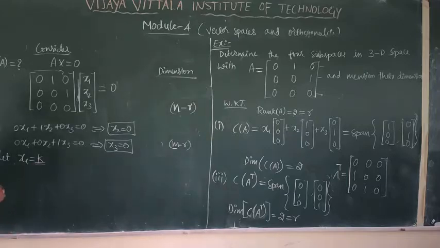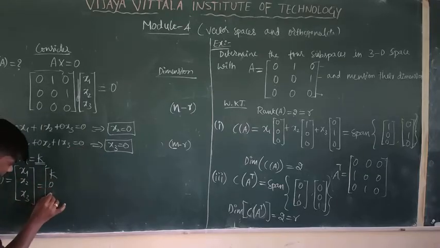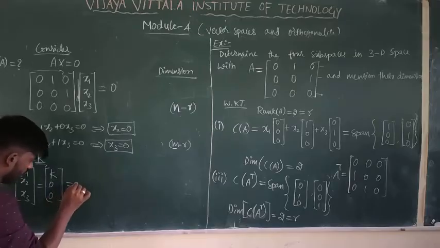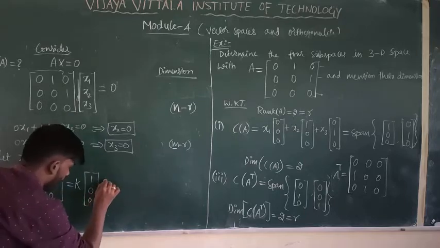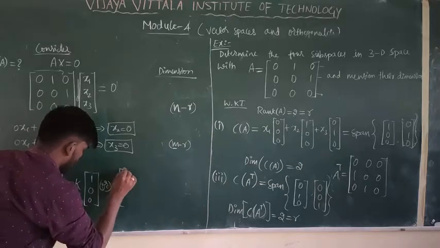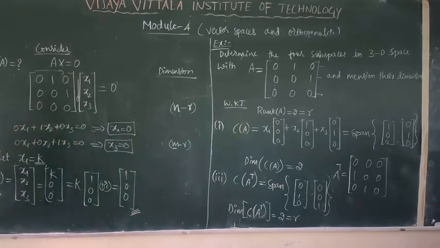Then the solution of Ax equal to 0 is x1, x2, x3, where x1 is k, x2 is 0, x3 is 0. It is written as k times 1, 0, 0, where k is some constant, or you can directly write it as 1, 0, 0. This is the null space of A.